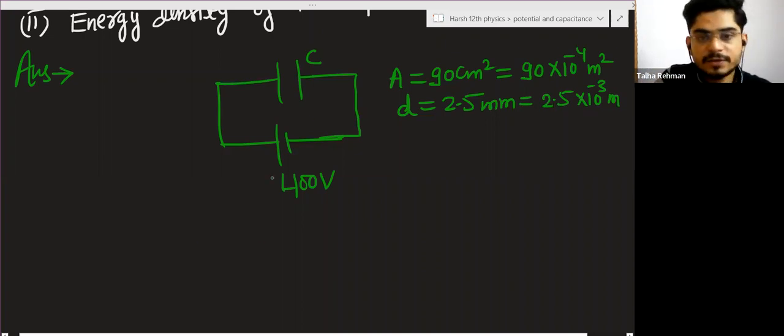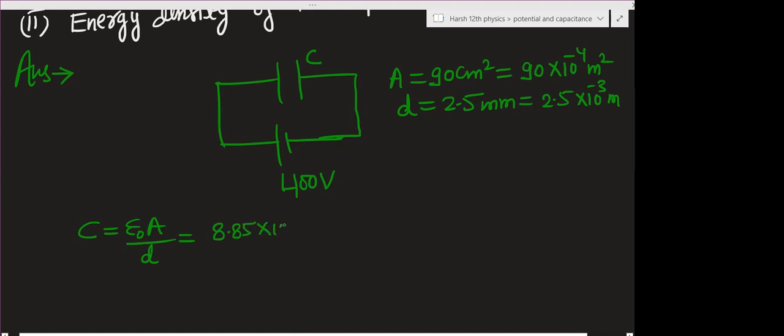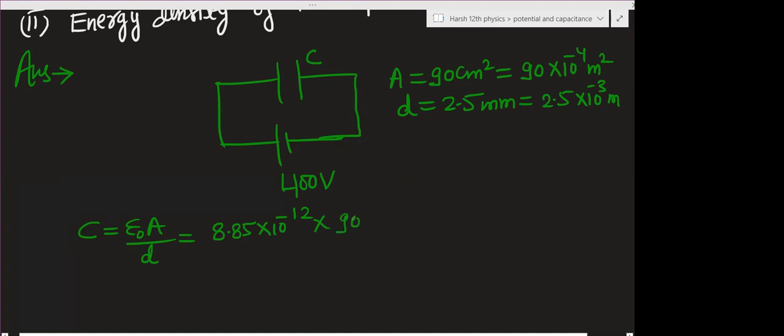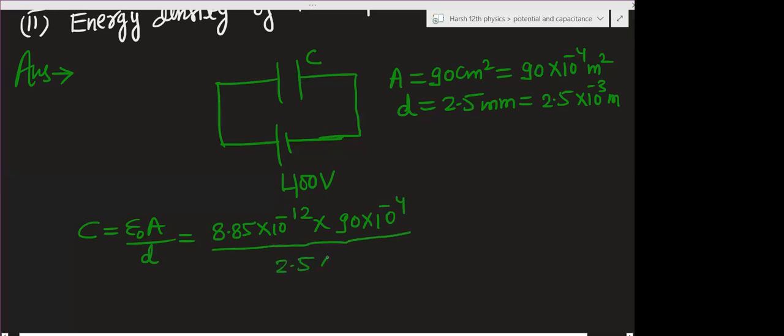If I want to find the capacitance C, this will become epsilon naught A divided by d. Epsilon naught is 8.85 into 10 raised to minus 12. Area is 90 into 10 raised to minus 4, and distance is 2.5 into 10 raised to minus 3.